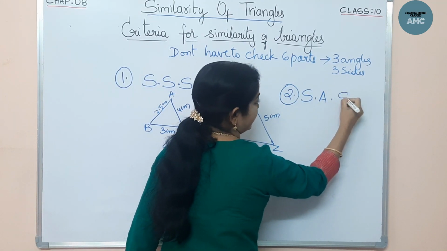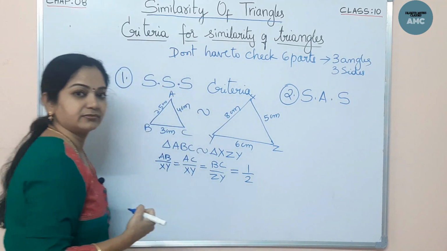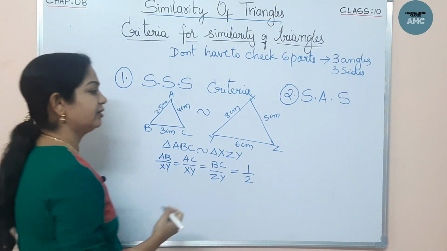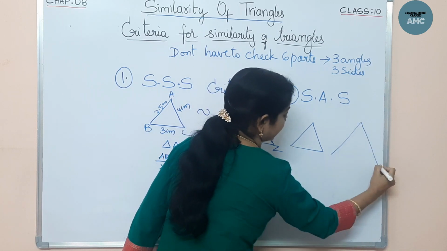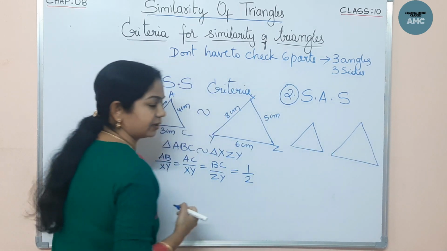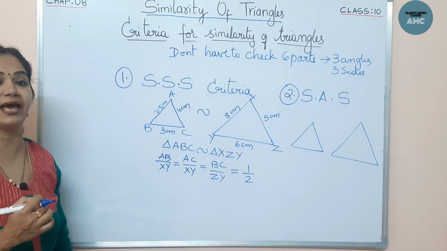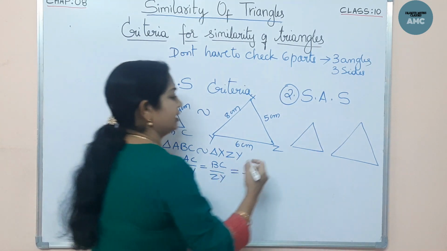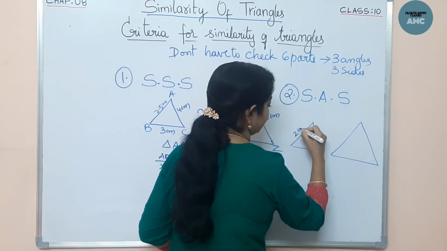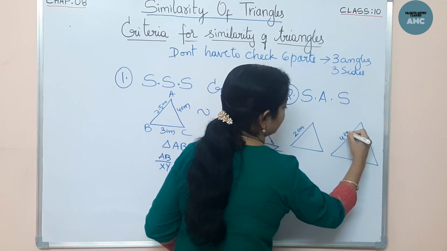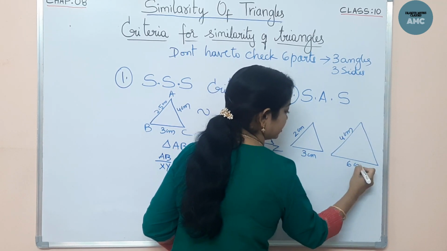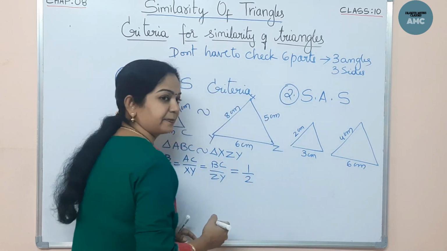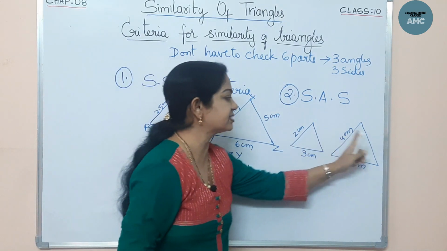SAS criteria. Now, for this criteria, if you take any two triangles, we need two sides and one angle. If I take this 2 centimeters, this is 4 centimeters, this is 3 centimeters, this is 6 centimeters, but now I am not considering the third side.